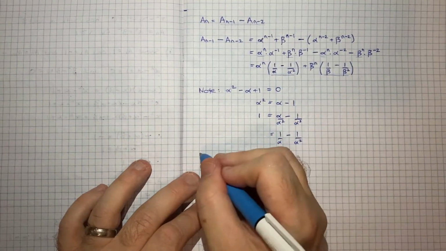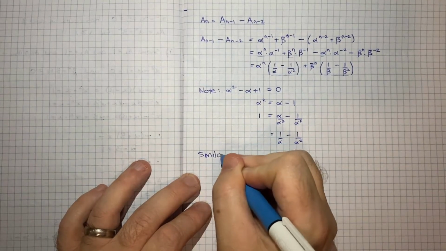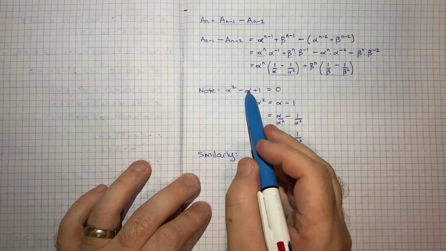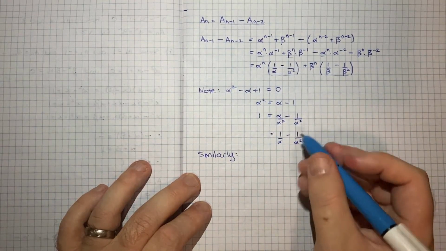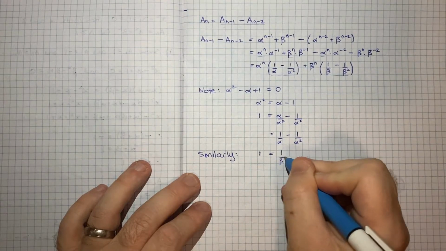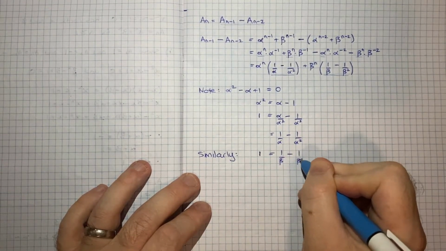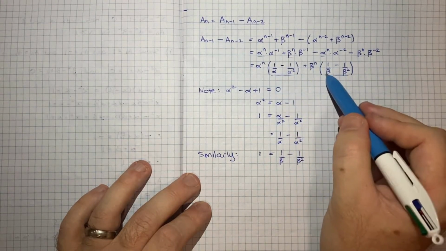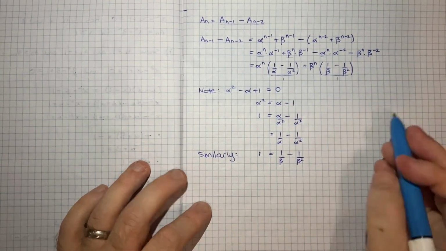And similarly, using the exact same process, so I won't rewrite it, because beta squared minus beta plus 1 also equals 0, we would get to the conclusion that 1 is equal to 1 on beta minus 1 on beta squared. You just have the exact same algebra. So both of these parts are 1, like we need.